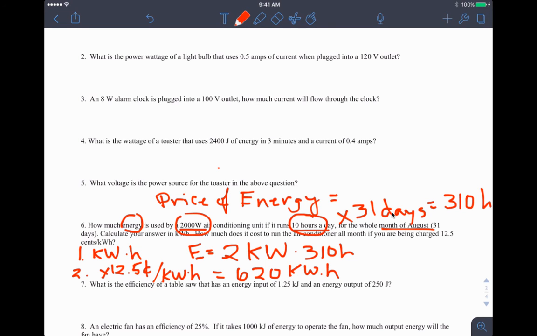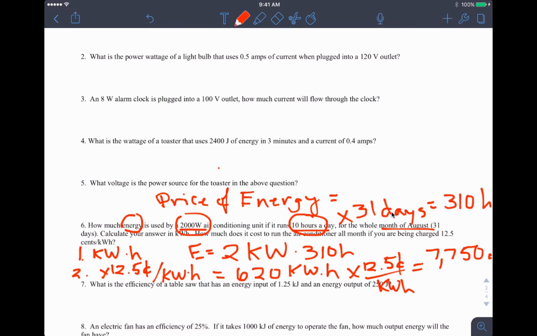That's the amount of electrical energy I would have consumed to run my air conditioner. So now I just go to step 2. Now that I've got that, which again I think is the harder part, you would just multiply that by 12.5 cents per kilowatt hour. And lo and behold, that gives us 7,750 cents.